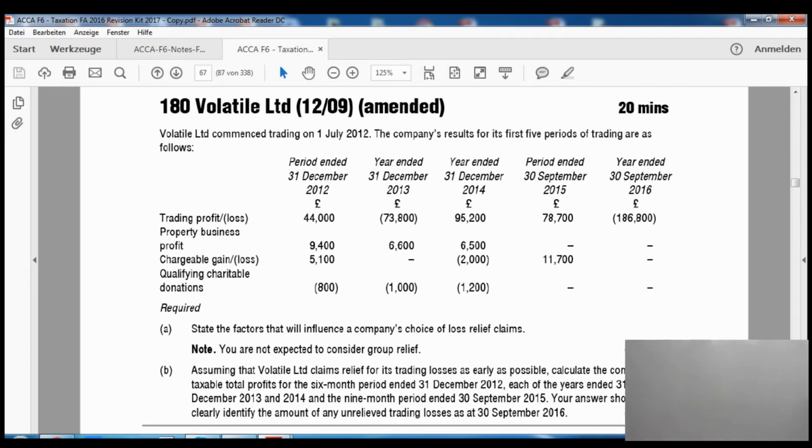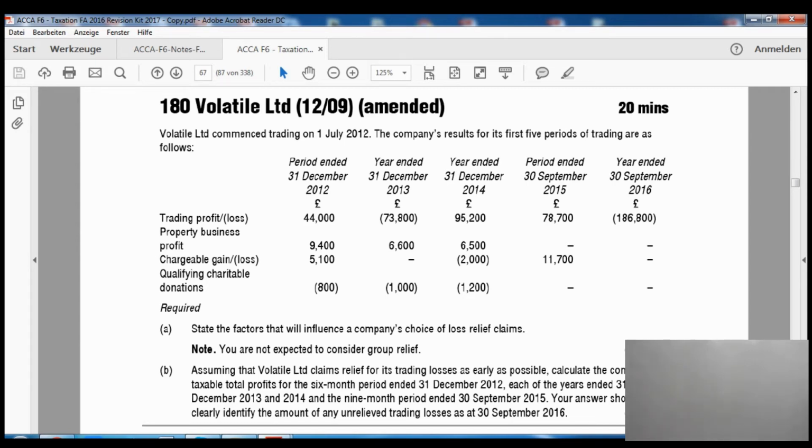Right, then a trading profit is given, and in a couple of years it is a profit, and in a couple of years it is a loss. So we'll have to set off the losses. Then the property business profits are given, chargeable gains and chargeable losses are given, qualifying donations are also given.